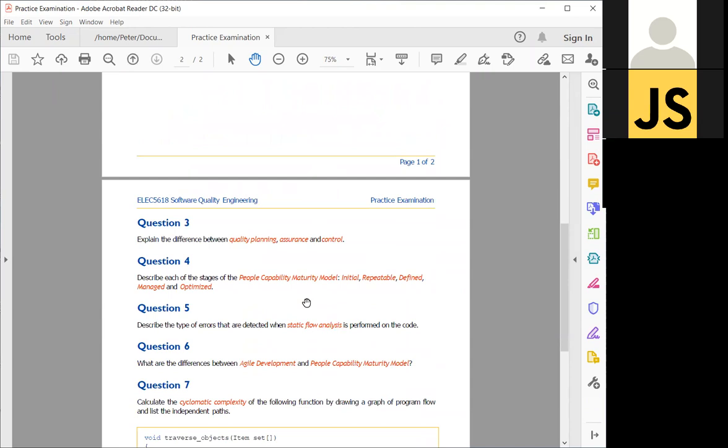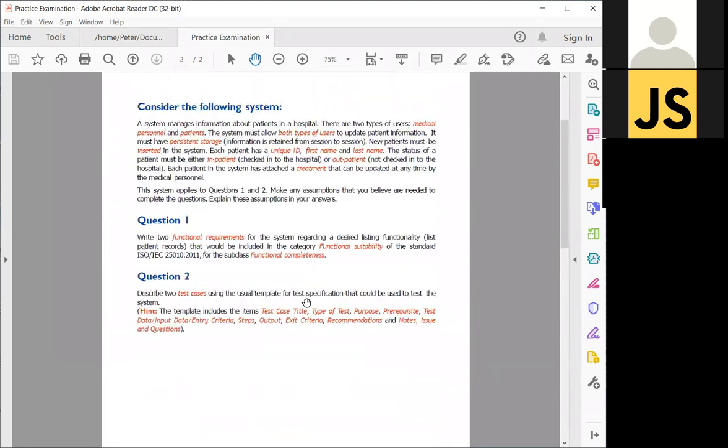And for question 3, explain the difference. So for the first part of that, the scenario here is the system, functional requirement, test cases, software requirements specifications, the application of Agile in this environment, the application of the PCMM in this environment. So these are also very important questions. As you're reading, you're looking at the questions, you're trying to set some questions for yourself. When I look at this system, I could try to expatiate the questions or add more questions.